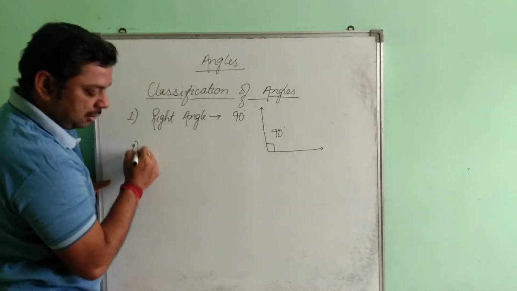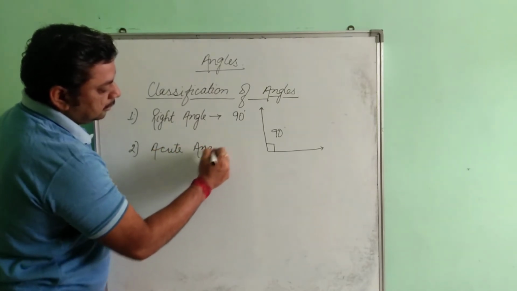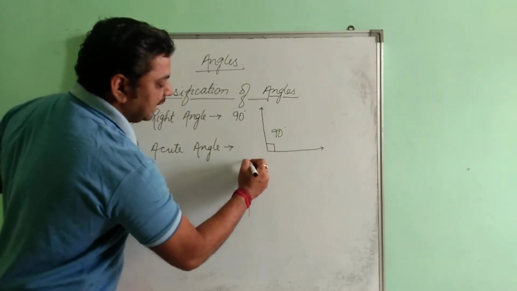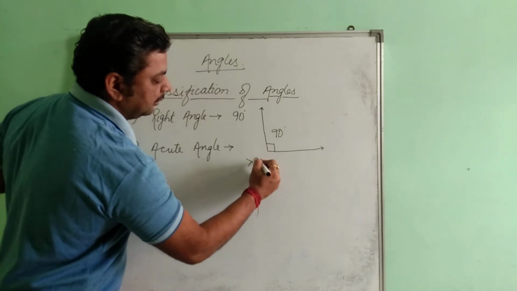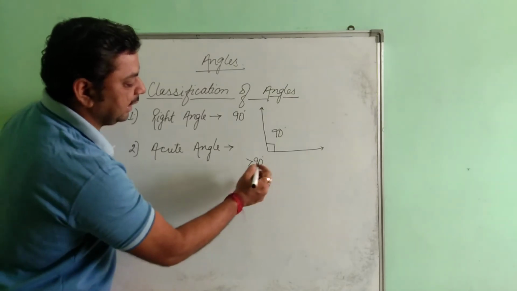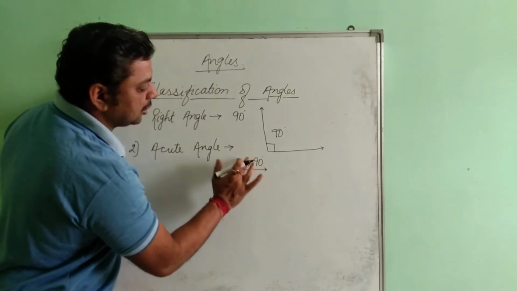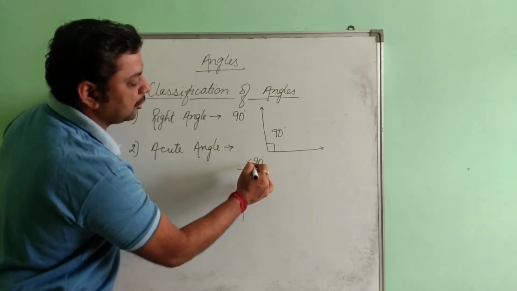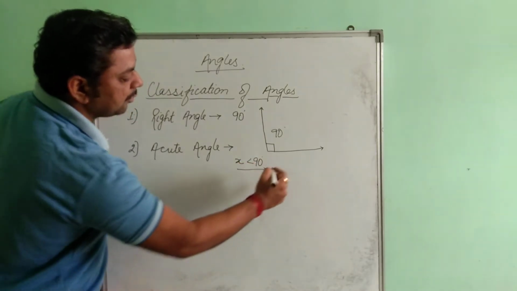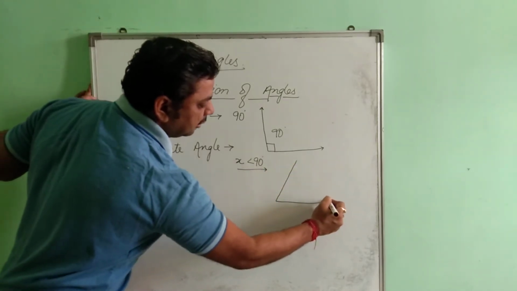Then second comes your acute angle. An acute angle will always be less than 90 degrees. Clear? So when we say less than 90 degrees, it means whatever angle is given here will be less than 90 degrees. So an acute angle will always be framed in this manner.